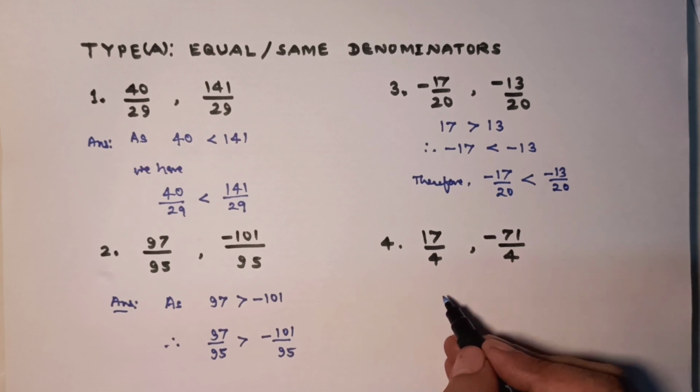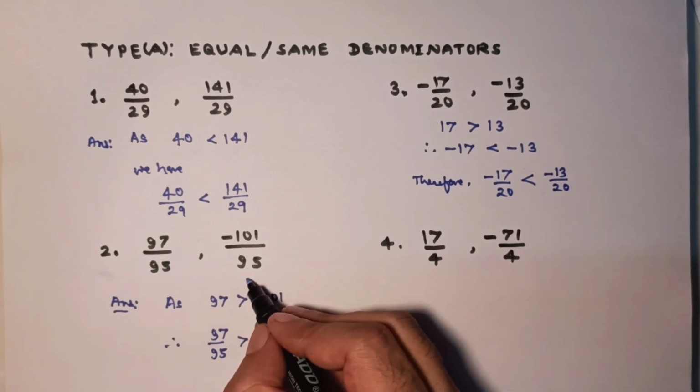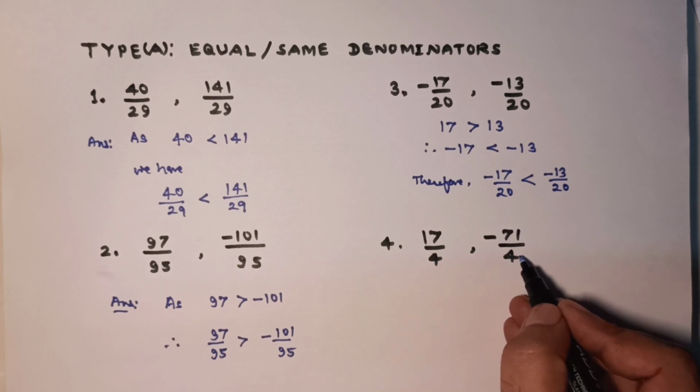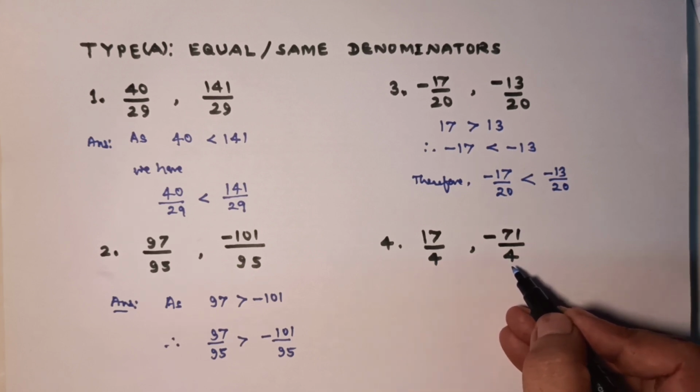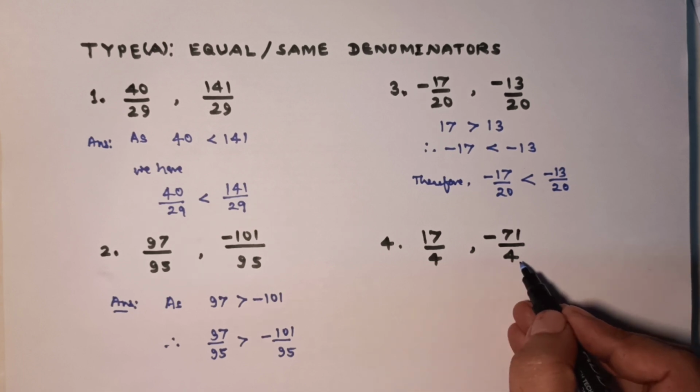Next question. This question is the same as the second question, where one is positive and the second is negative. Without any consideration of numerator and denominator, you can say this is a positive number and this is a negative number.